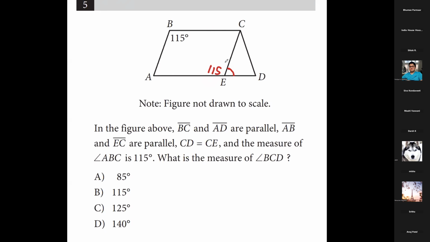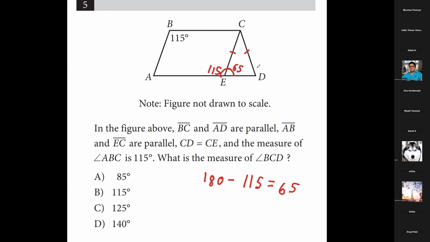So the angle CED is 180 minus angle AEC, which is 115, which would be 65. So angle CED is 65.